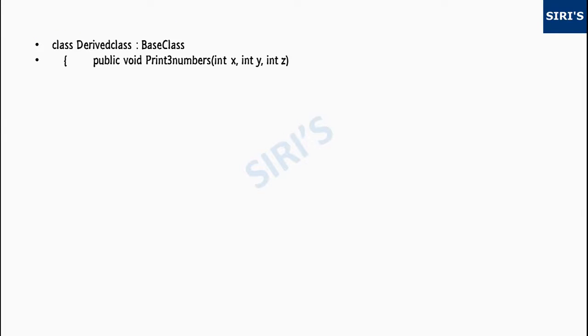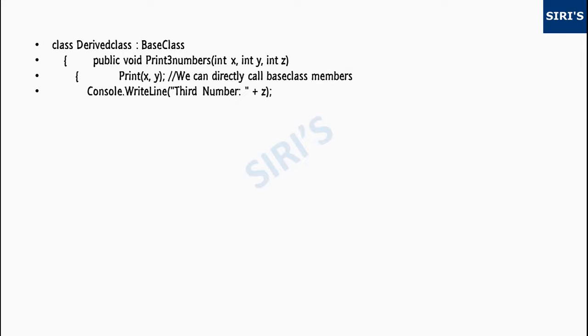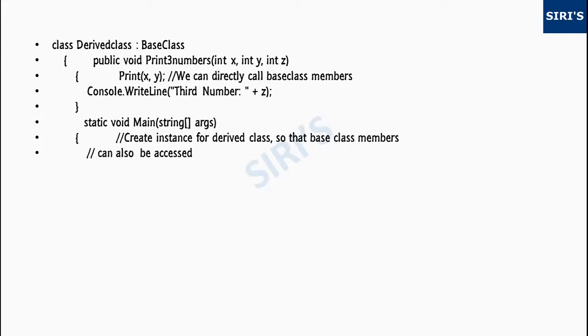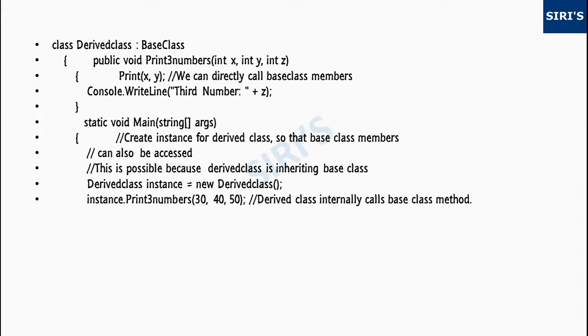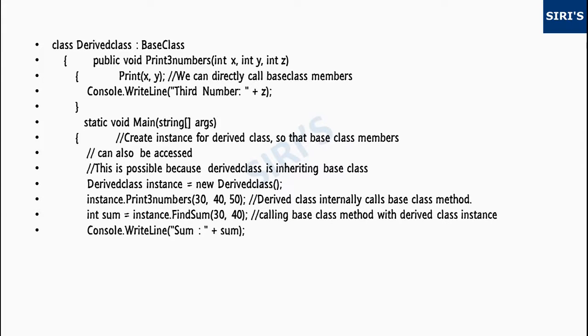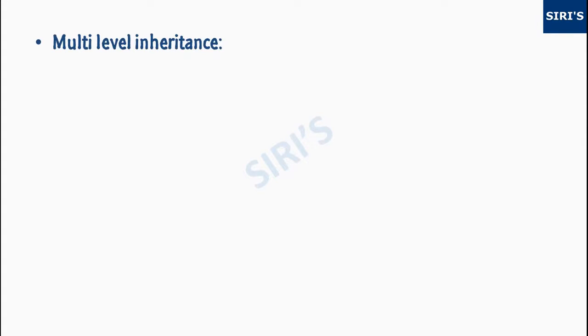And then we will call the derived class where we declare a method, and we will call the sum. Here it will be used only once. Single inheritance is similar to the previous one.